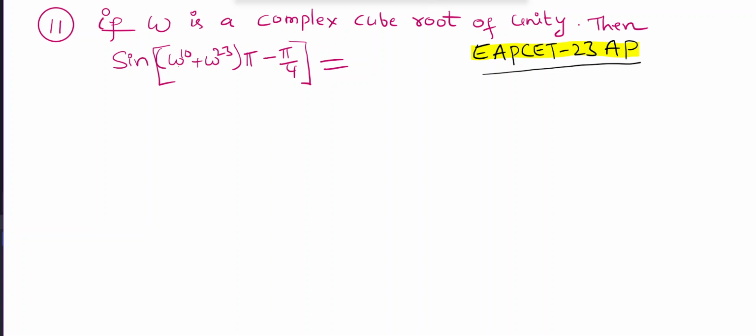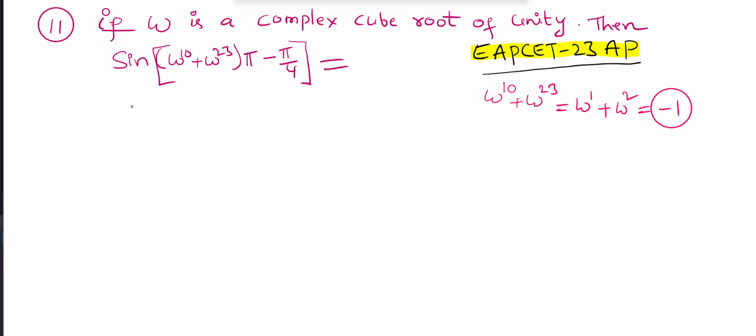Here first we find the value of omega power 10 plus omega power 23. 10 is divisible by 3 three times, remainder is 1, so this is omega power 1. 23 is divisible by 3 seven times, that is 7 3s are 21, so this is omega square. We know that omega plus omega square is minus 1.